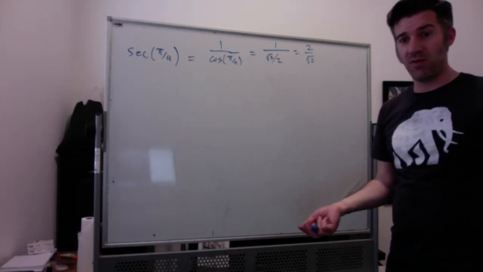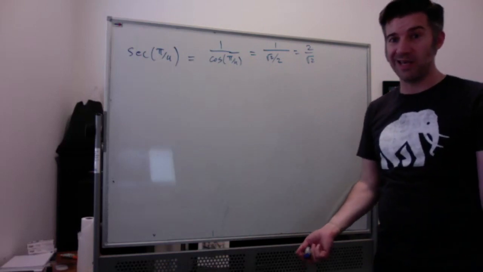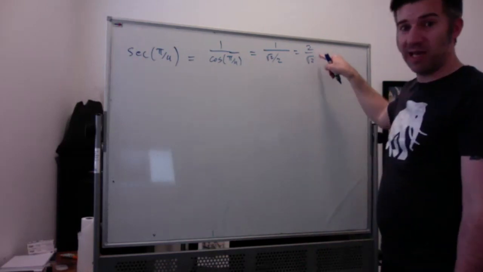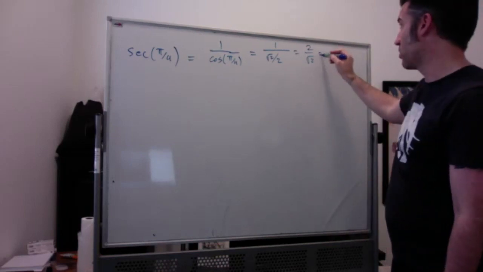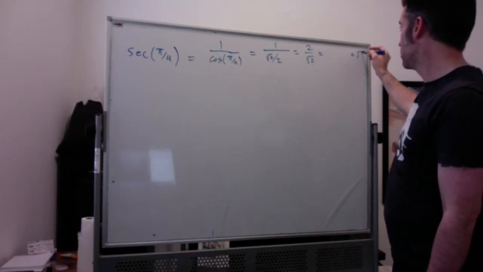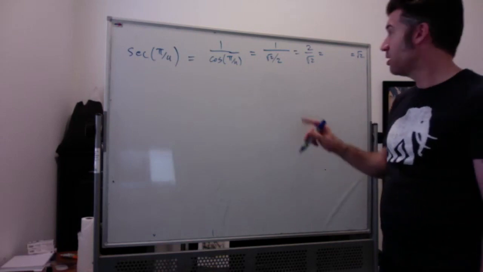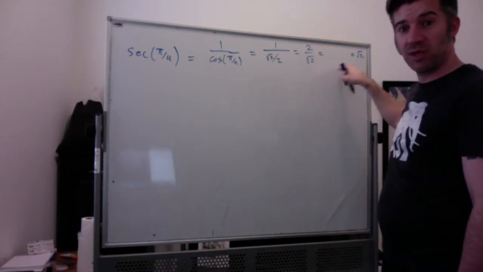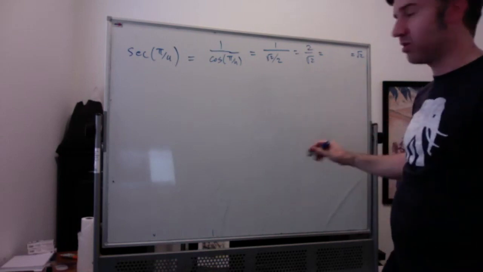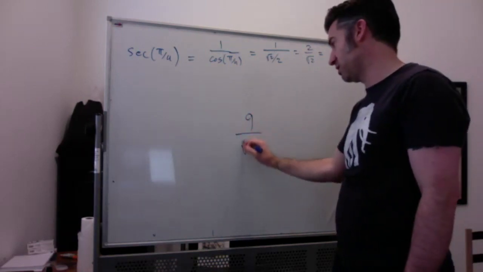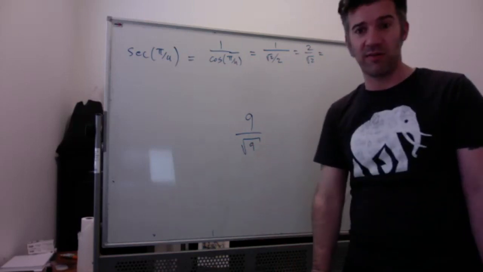Now, there's a long way and a short way to do this. The short way is when you divide any number by its own square root, you get its own square root. It makes more sense maybe if it's a number that's actually nice. What's 9 divided by the square root of 9?